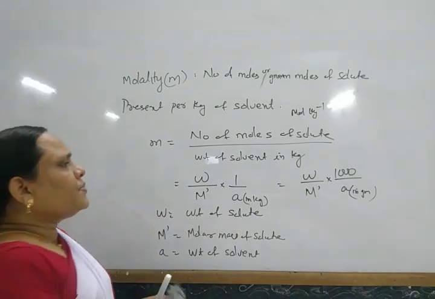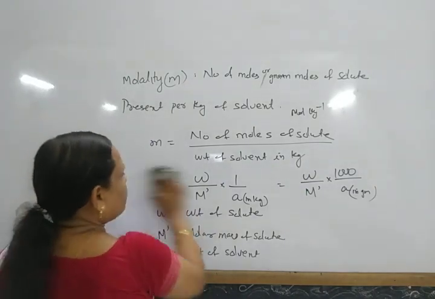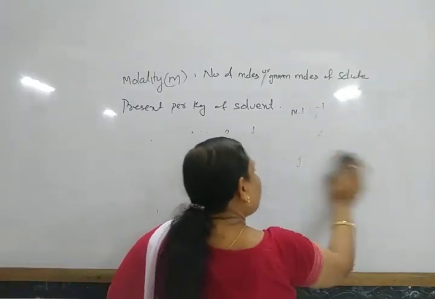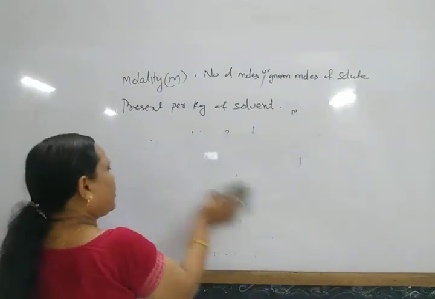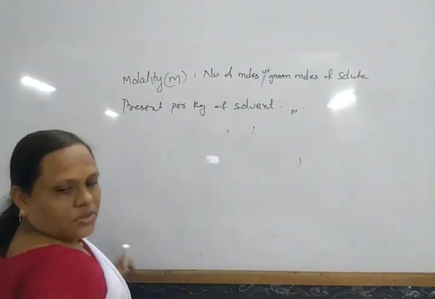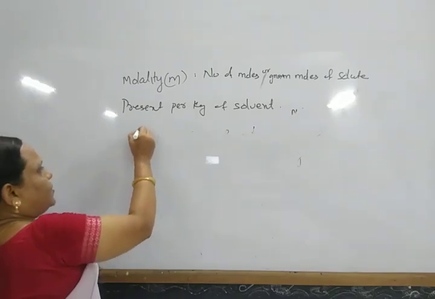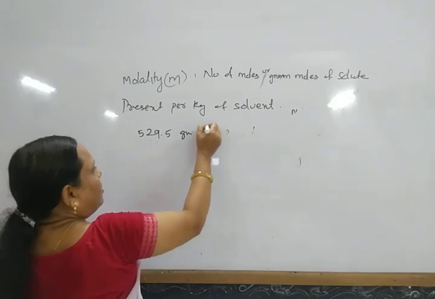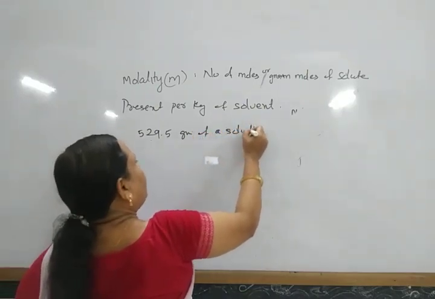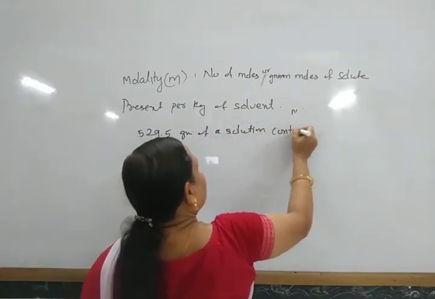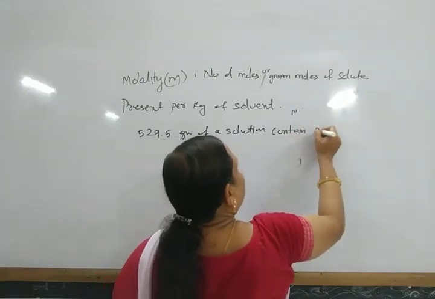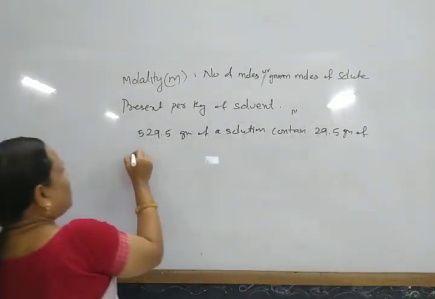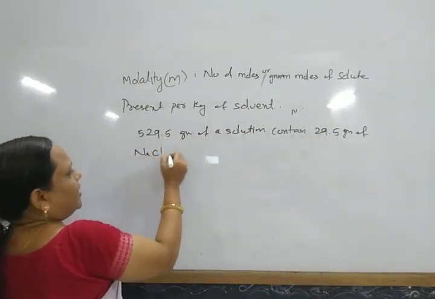One example. Suppose 529.5 gram of a solution contains 29.5 gram of sodium chloride.